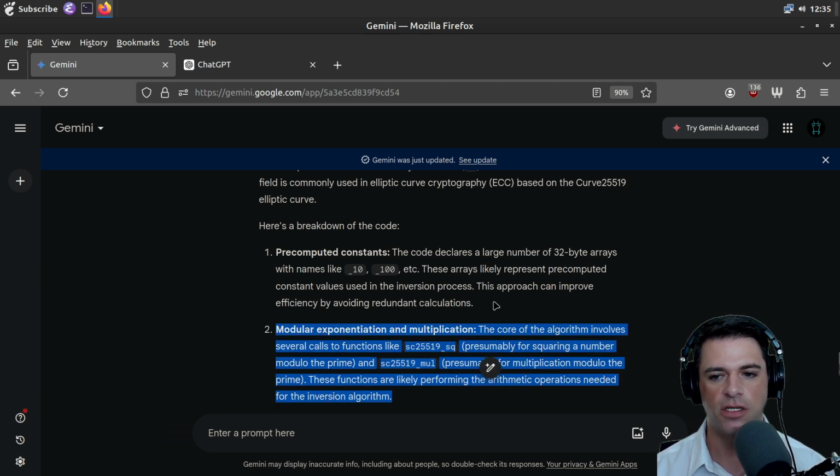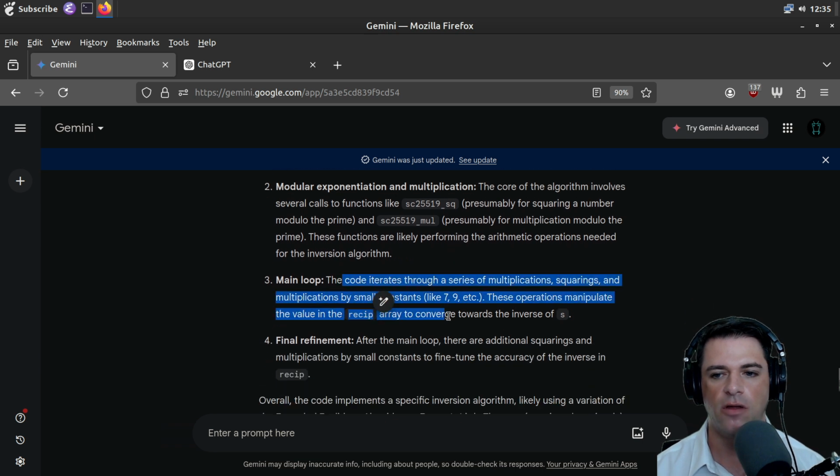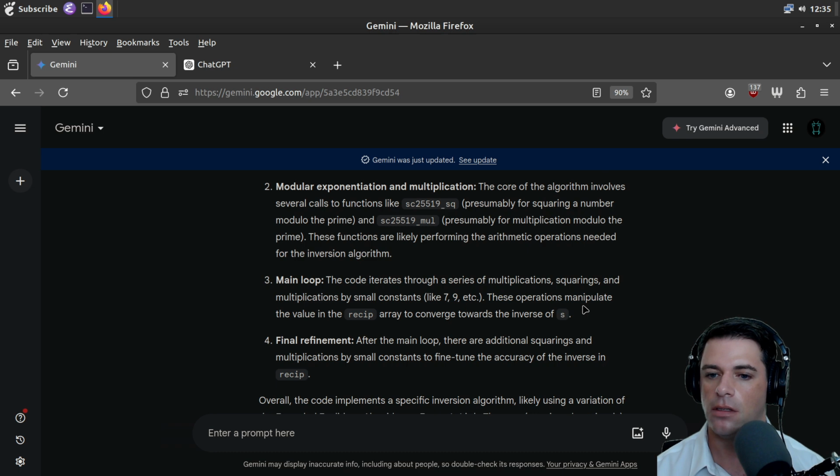The core of the algorithm involves modular exponentiation and multiplication, with several calls to functions like SC25519 SQ, presumably for squaring a number modulo the prime, and similarly multiply. Then we have the main loop, which iterates through a series of multiplications, squarings, and multiplications by small constants.